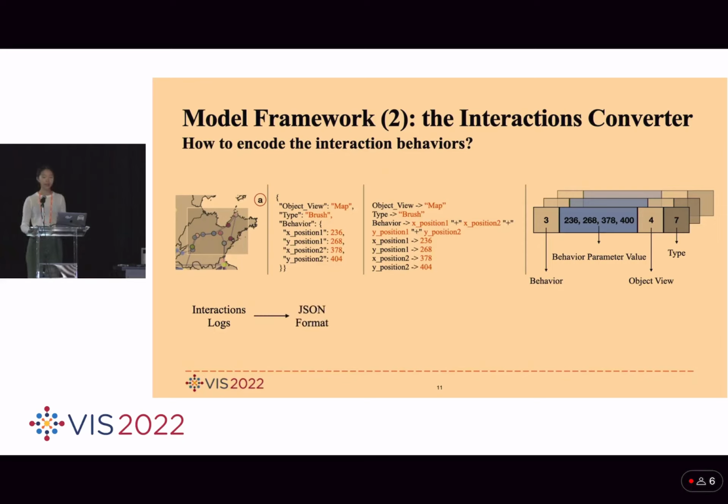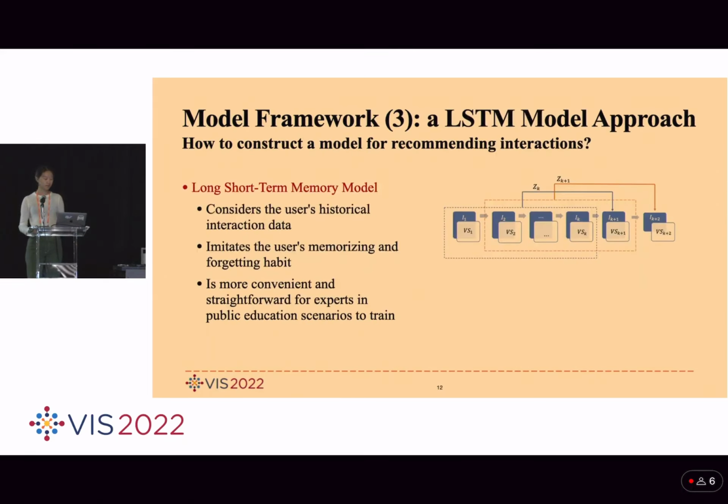We then apply an embedding method using the context-free grammar representation, producing multidimensional vectors. For instance, in this example, the user performed a brushing on the map view. So we collect the brushing and the map view and also the corresponding coordinates of where the brushing bounding box is, and then convert it to the tree format, then to the numerical vectors.